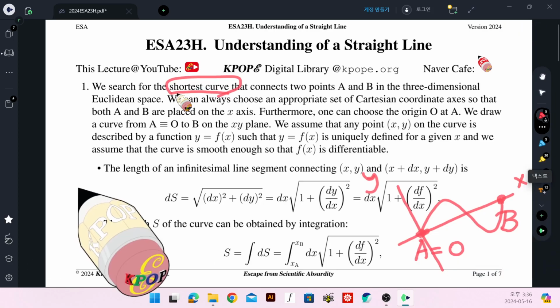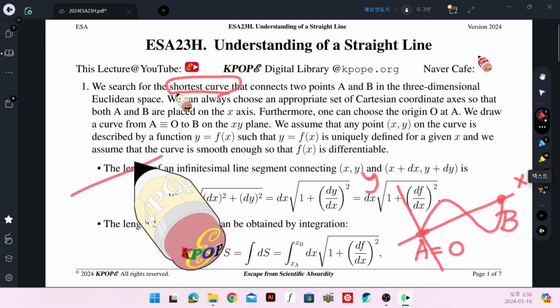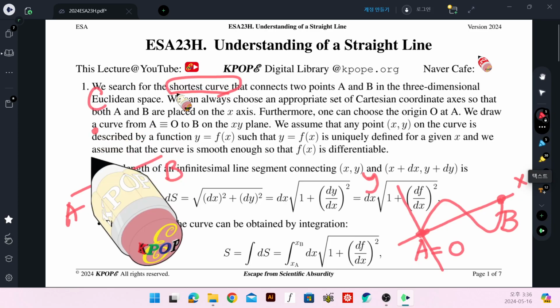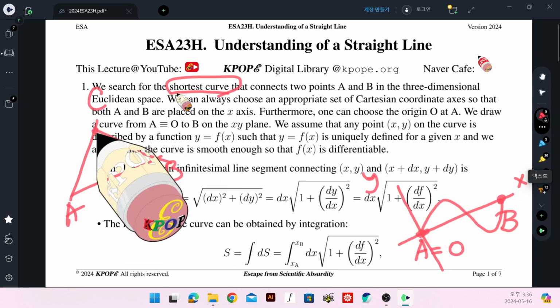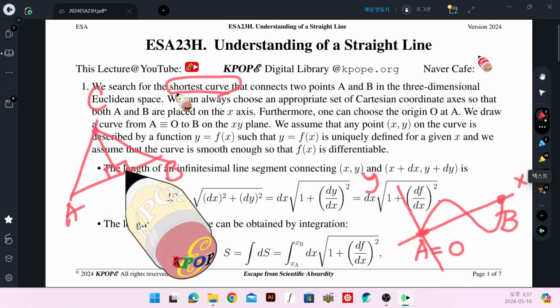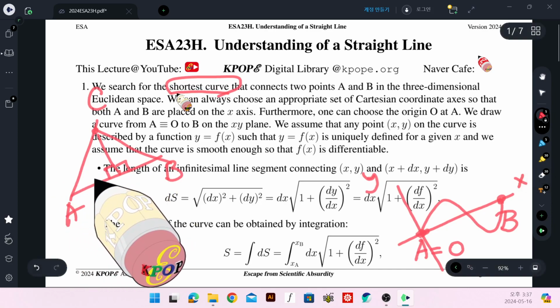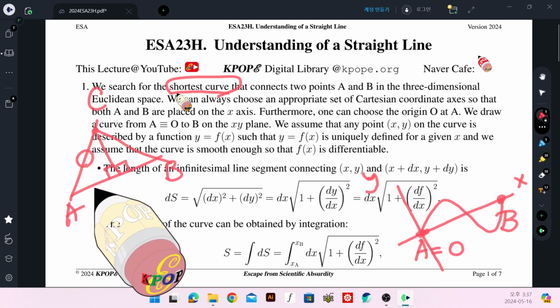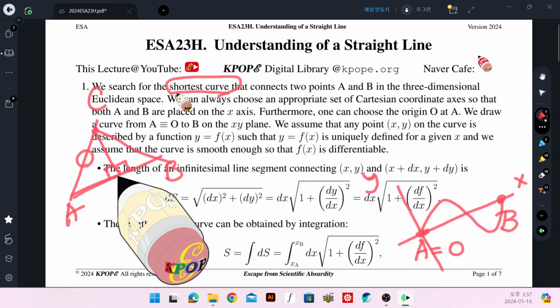For example, I have 2 points, but I can choose a point C and we can draw a triangle and apply the Pythagorean theorem. Then this hypotenuse is greater than this side.